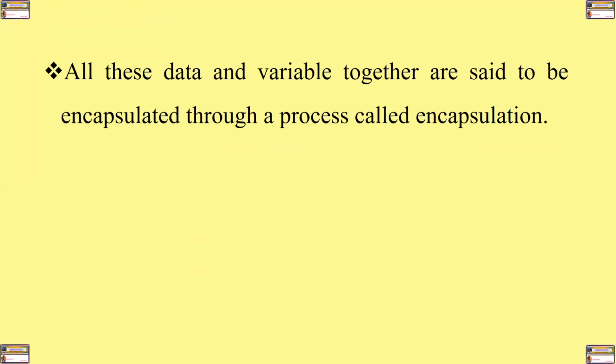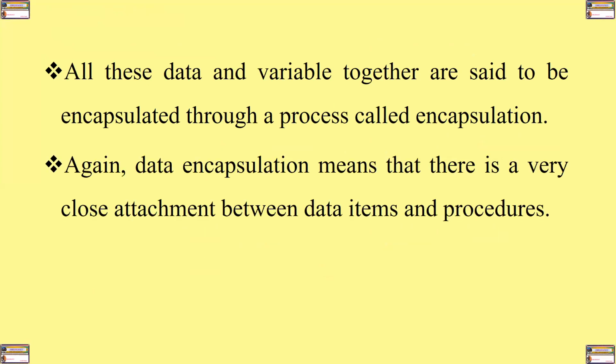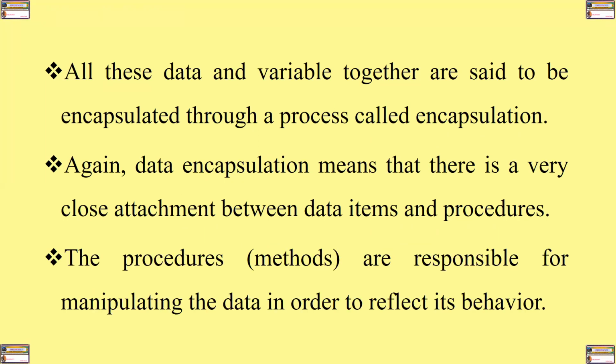All these data and variables together are said to be encapsulated through a process called encapsulation. Again, data encapsulation means that there is a very close attachment between data items and the procedures or methods. The procedures, which we refer to as methods in object-oriented programming, are responsible for manipulating the data in order to reflect its behavior.